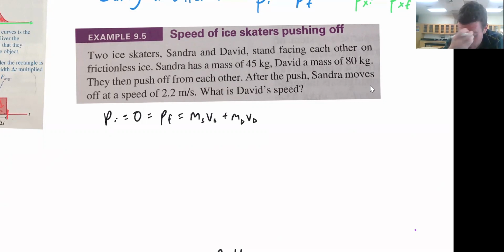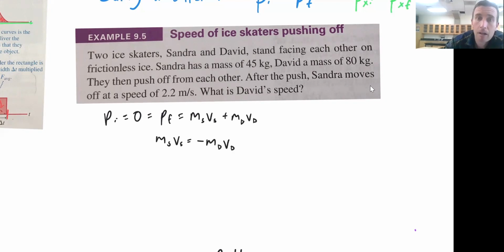Now, since the initial momentum is 0, I could also say that the mass of Sandra times the velocity of Sandra is equal to the negative mass of David times the velocity of David.